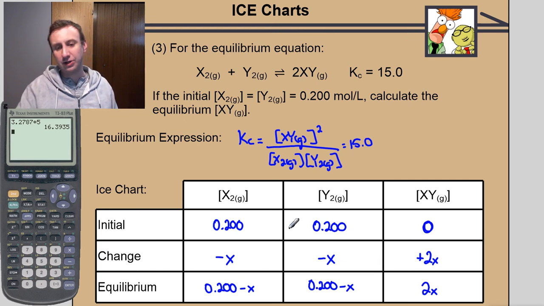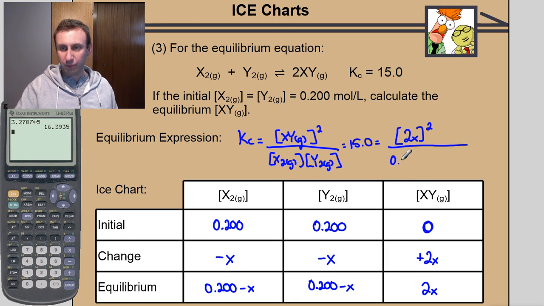Now I can plug this into here and say, well, I now have 2x squared divided by 0.200 minus x for X2 and 0.200 minus x for Y2.